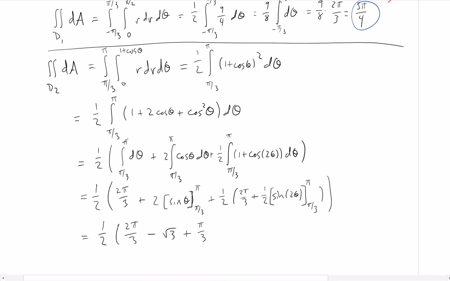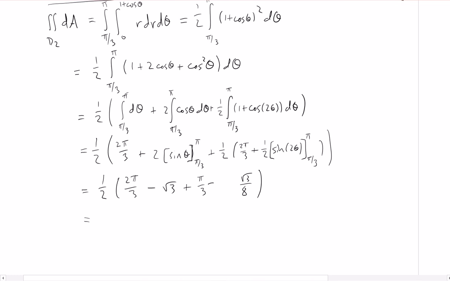So we get pi over 3 plus 1/4 times, and here we have to plug this in. Sine of 2 pi is 0 minus sine of 2 pi over 3, which is square root of 3 over 2. So that's minus square root of 3 over 2. So let's just combine it and write that as square root of 3 over 8.